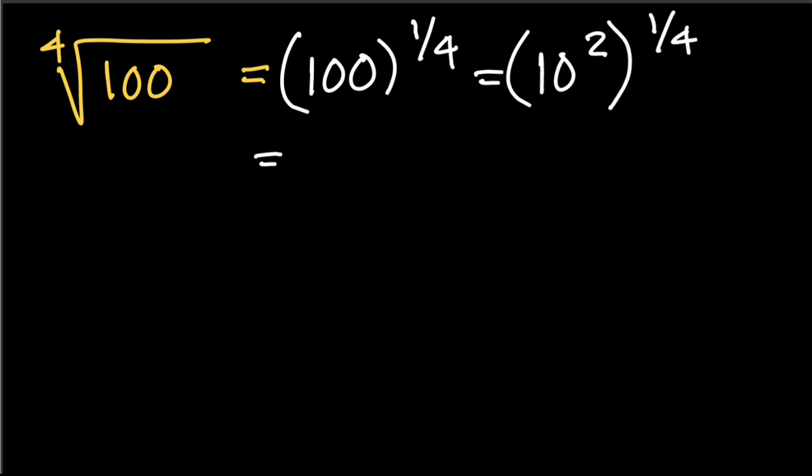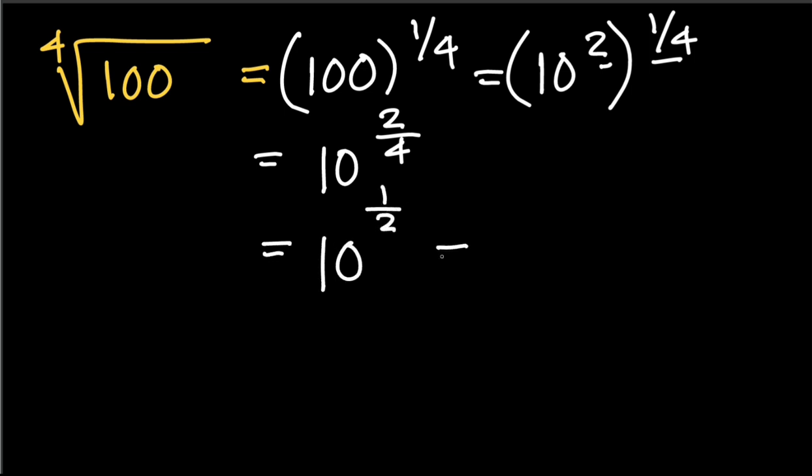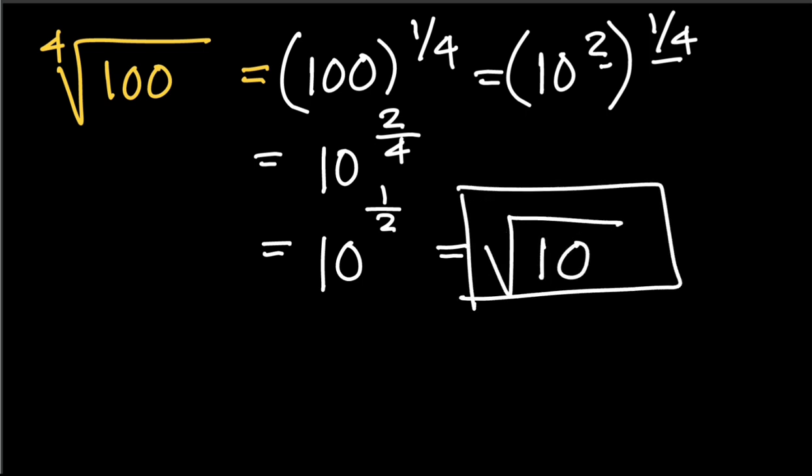Then by the power rule, from the law of exponents, we multiply the exponents 2 and 1/4. So that is 10 to the 2/4, and 2/4 can be reduced to 1/2. So this is 10 to the 1/2, which we can write as square root of 10. So this is our final answer.